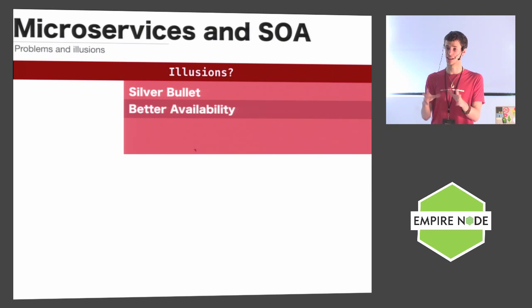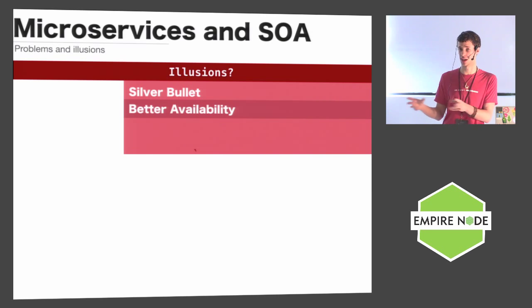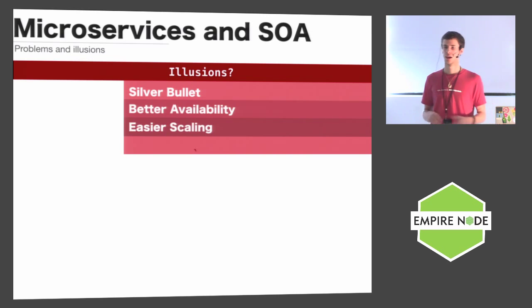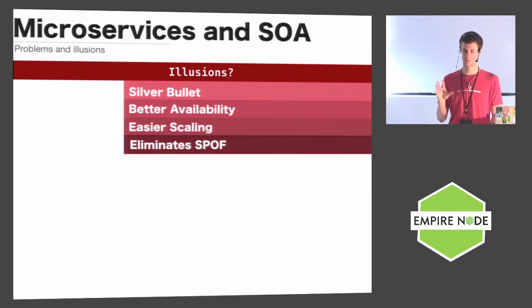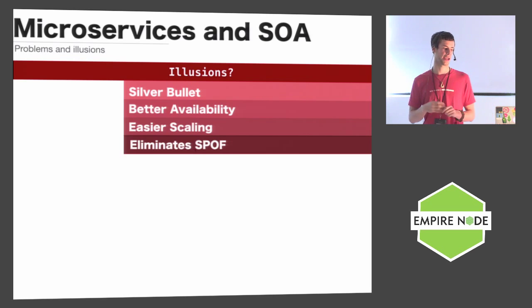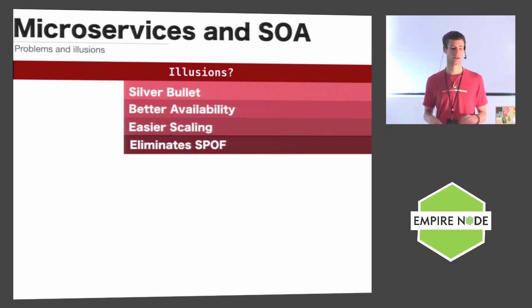It's now not just a single application, which is helpful in some ways, but you have to be more careful. Easier scaling. I went through that scaling example, and it makes it super simple to scale pieces of your application, but it's not necessarily easier. You just have to know more about your system, which I think has value, but again, that doesn't make it necessarily easier.